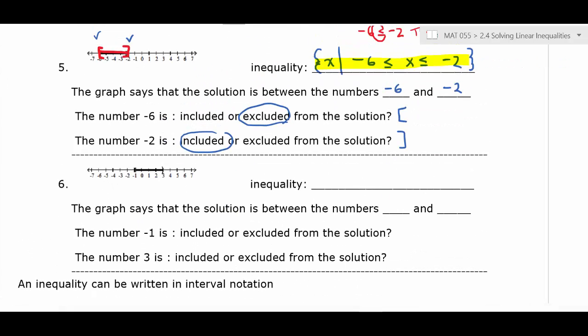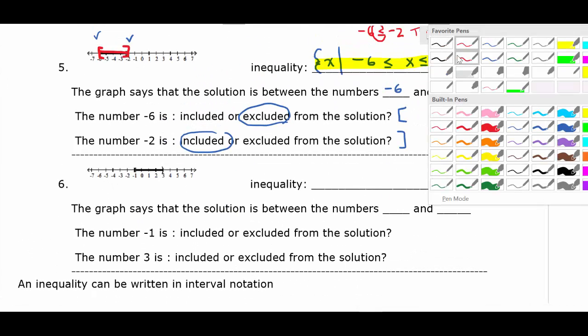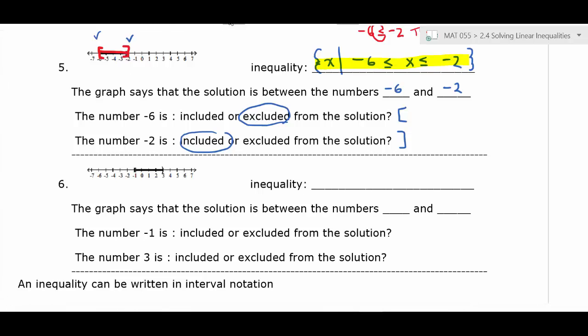Next problem on here, I want to just kind of highlight how this one's going. You're supposed to have a bracket there, a parenthesis on 3, and shaded in the middle like that. So what this problem is saying is you're between the numbers -1 and 3. -1 has a bracket on it, so that means you are including that as a solution.